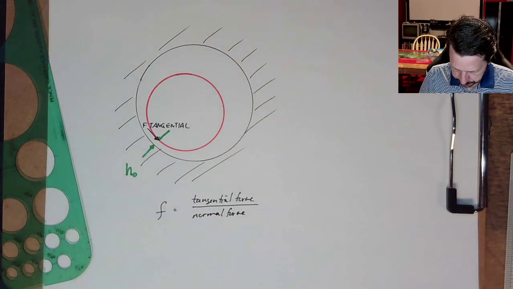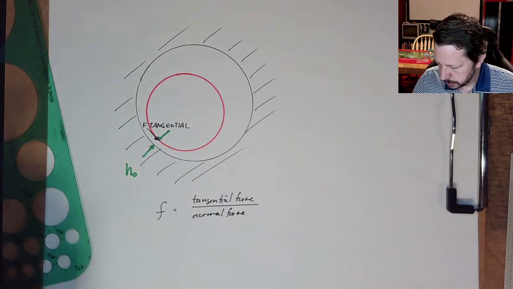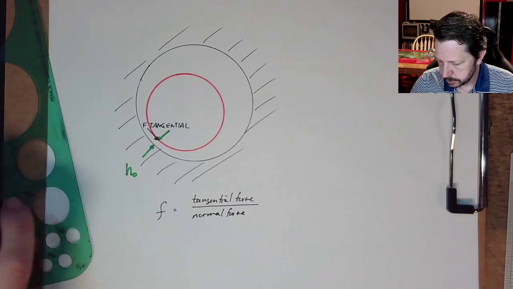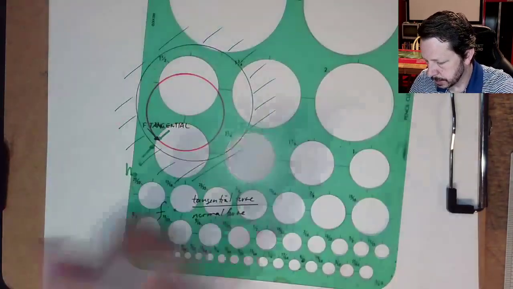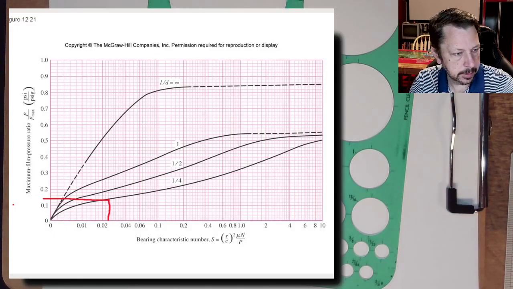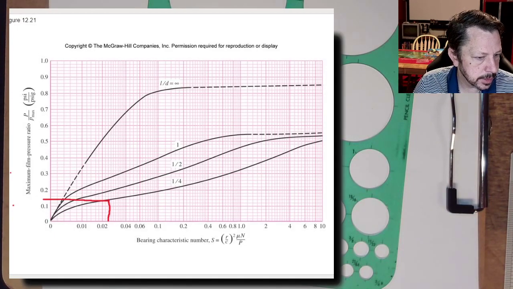So if we use one of our charts over here, there's not a chart that's going to directly give us this. We just have to be creative in how we use this chart.